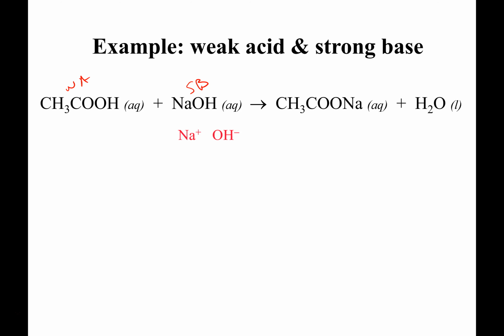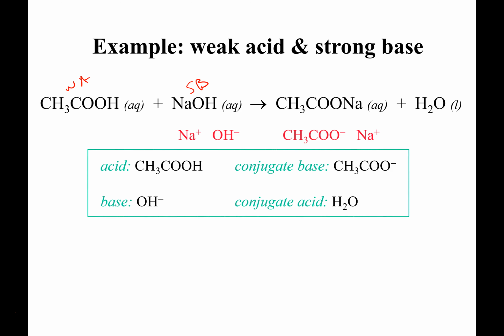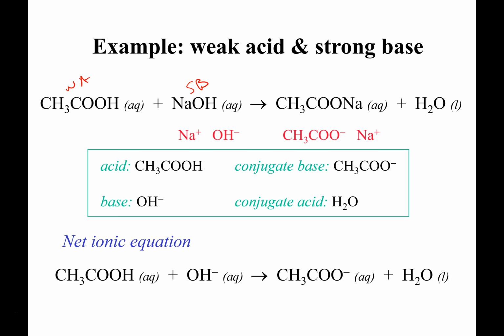So if we break it apart, see what we got going on, you can see our acid on the reactant side would be the acetic acid. On the product side, it's the acetate ion, that's its conjugate base. On the reactant side, the base is the hydroxide ion, and its conjugate acid would be water. Net ionic equation, remove spectator ions. Looks like we can just remove the sodium. There's a net ionic equation.